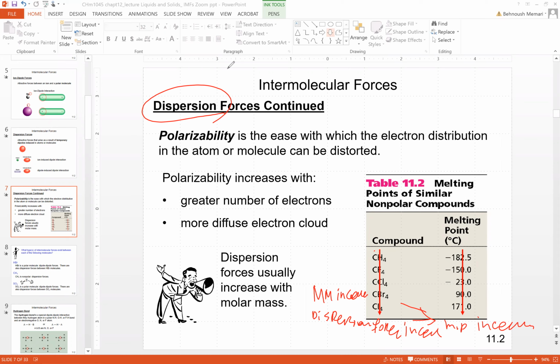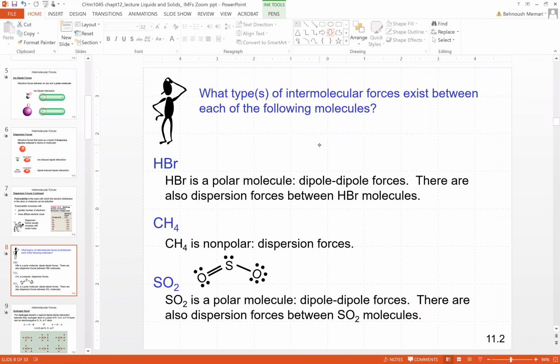Okay, so next one. This is just an example. What type of intermolecular forces do you have for HBr? We have to see if HBr is polar or non-polar.